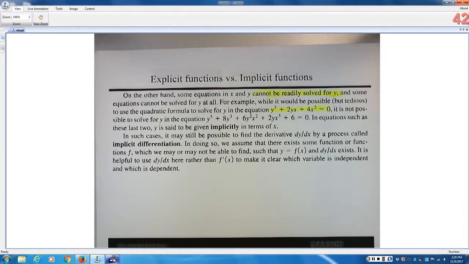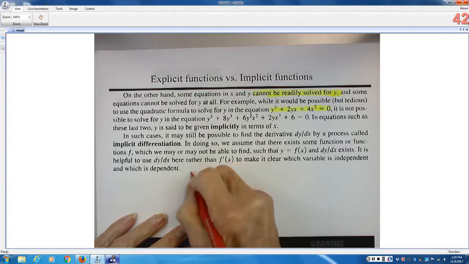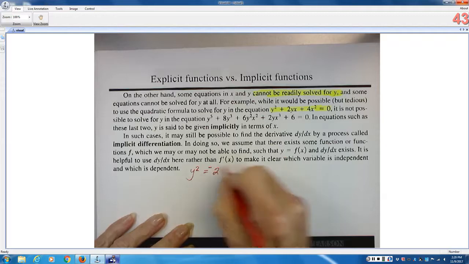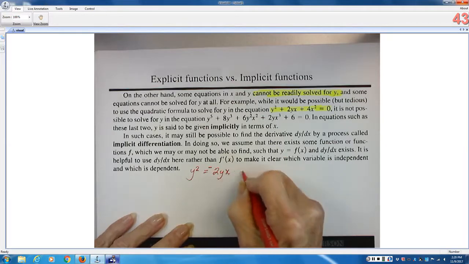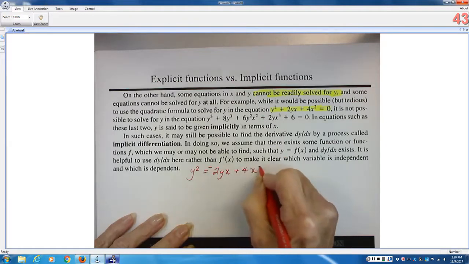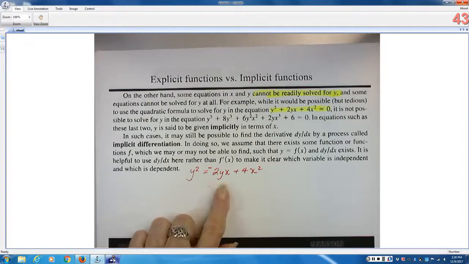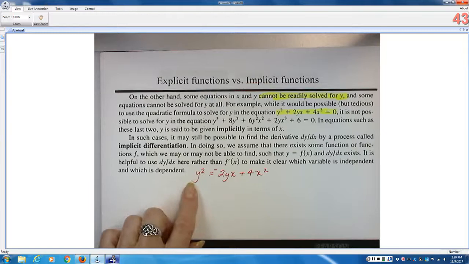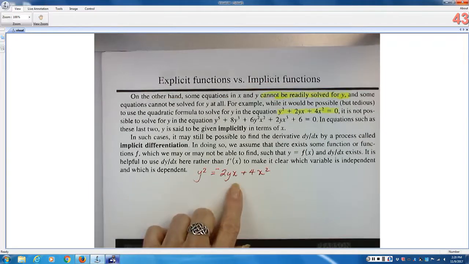You can't solve that for y. There's nothing you can do because it shows up in both terms. It just won't work, and you're not allowed to divide by the variable on both sides. So this is still an implicit function.